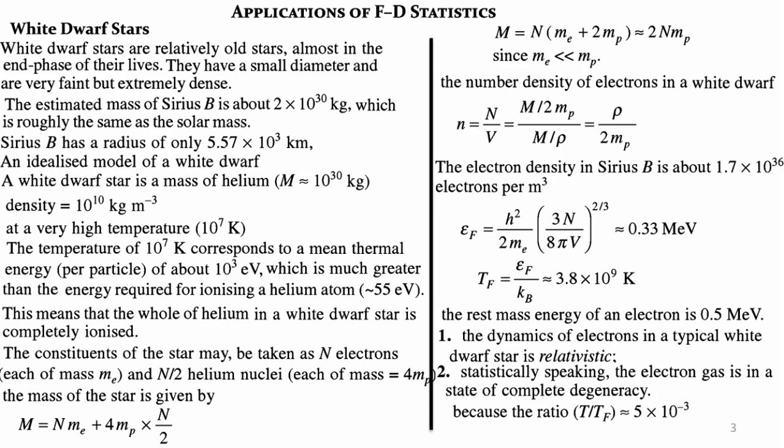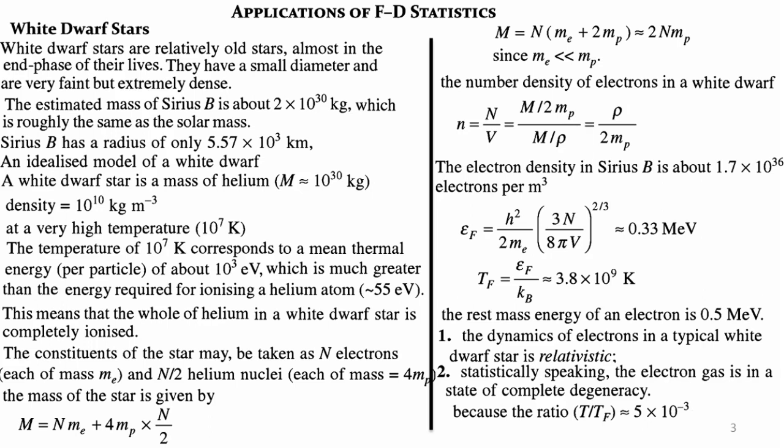The condition was that the ratio of temperature to Fermi temperature should be very small in comparison to 1, and this ratio for these particular numbers turns out to be of the order of 10 to the minus 3, because typically the temperature of a white dwarf star is of the order of 10 to the 7, and the Fermi temperature is of the order of 10 to the power 9 or 10 to the 10. This number turns out to be of this order. You can find out the rough numbers, so these will work out.